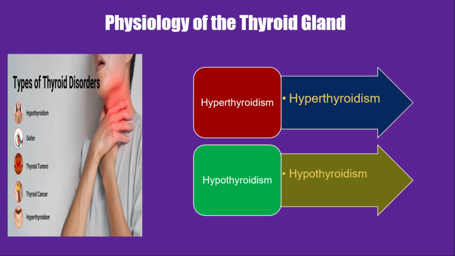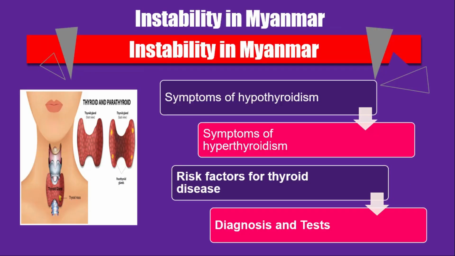What are the symptoms? Symptoms of hypothyroidism are a slower than usual heart rate, feeling tired, unexplained weight gain, feeling sensitive to cold, dry skin and dry coarse hair, depressed mood, and heavy menstrual periods.